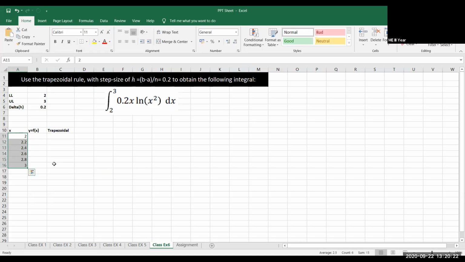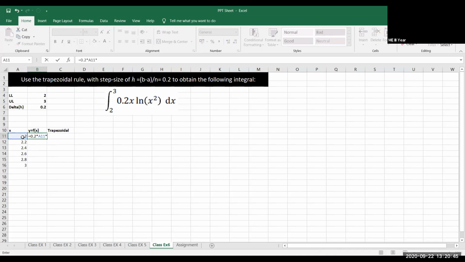We can take a larger interval or a smaller interval, according to the given problem. Similarly, you just have to find the function value. What is our function here? 0.2 into x, whatever this value is, into ln.